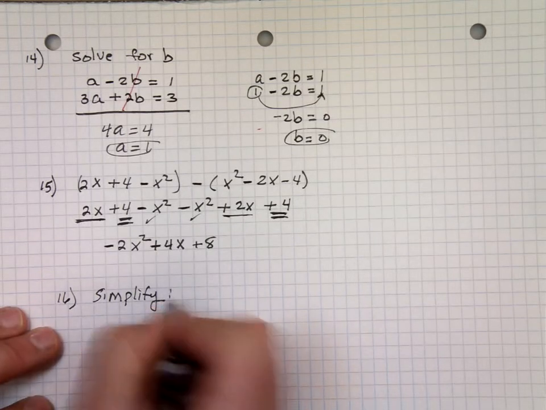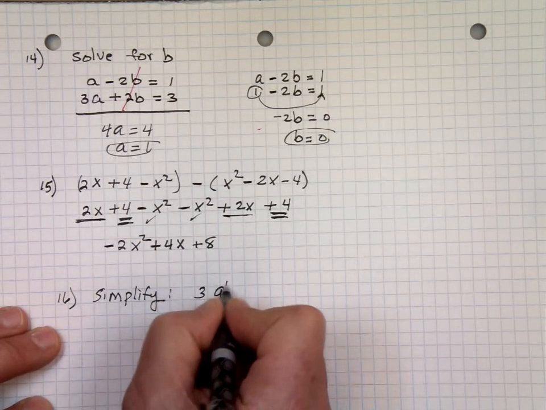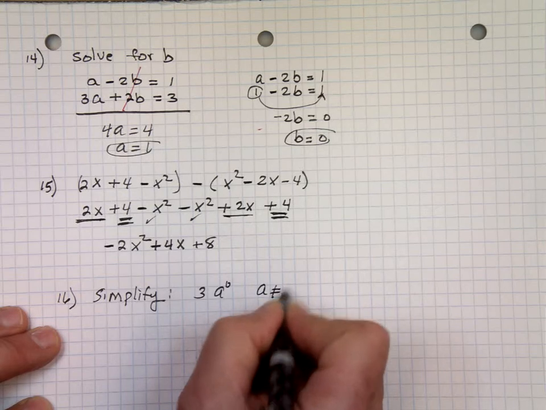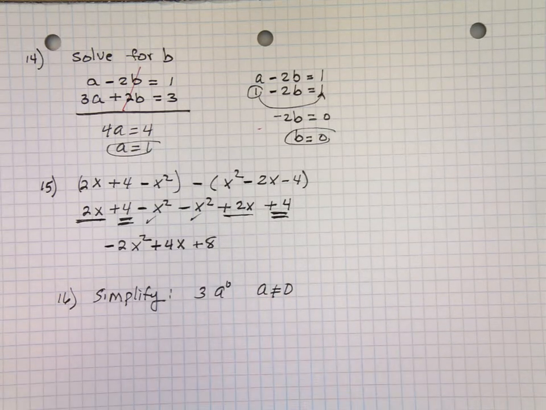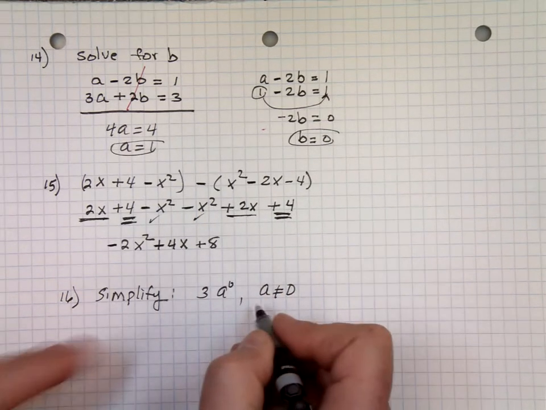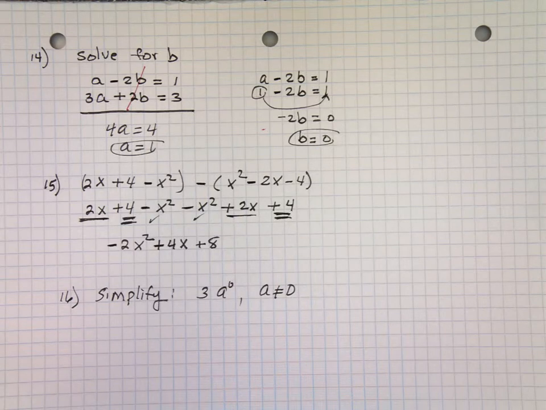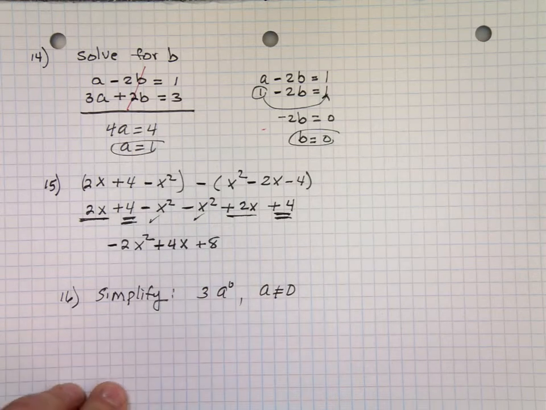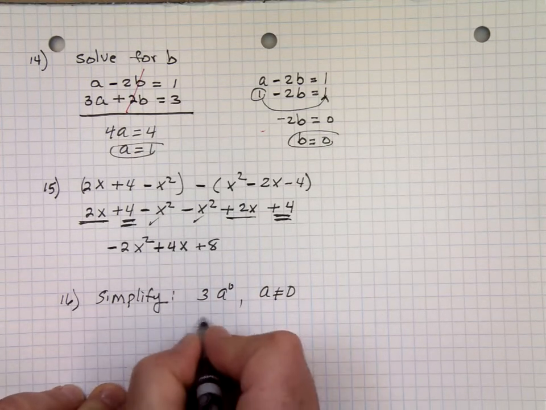3a to the 0, and a does not equal 0. A to the 0 is what? 1. So that's 3 times 1, which is what? 3.